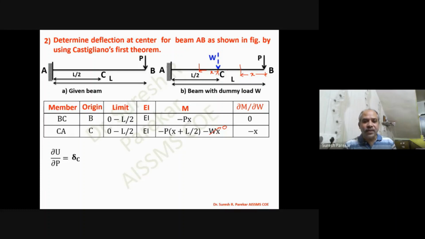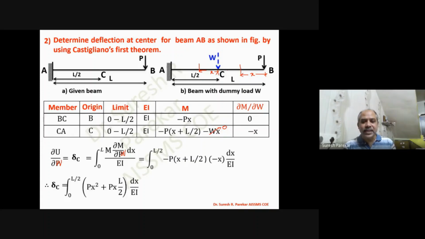So instead of P, I will write W, and then we get M into dM by dW dx upon EI. We put the values minus P into x plus L by 2 into minus x, and integrate from 0 to L by 2, because the first term becomes 0. So we have only the second term, and when you solve this integration, you get the value 5PL cube upon 48EI.